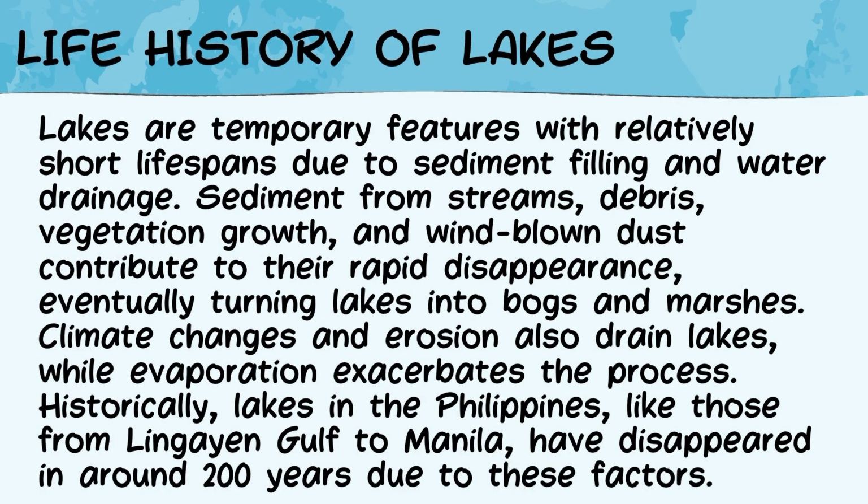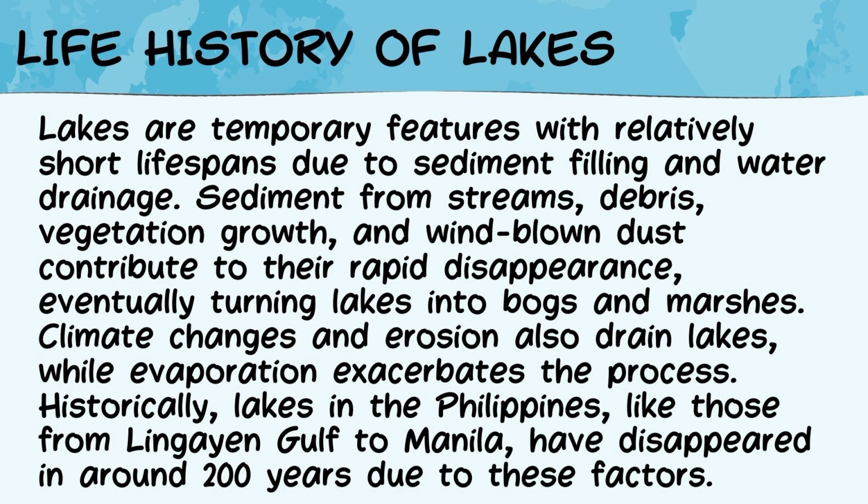Life history of lakes. So, the life history of lakes is emphasizing that lakes are temporary features. The two key reasons for their disappearance: number one is the filling with sediment from streams, wind, or a landslide.